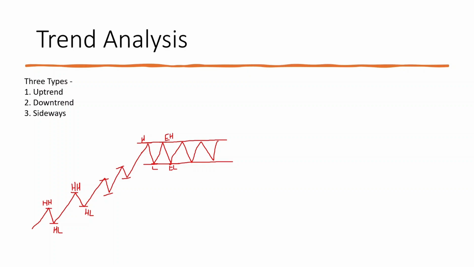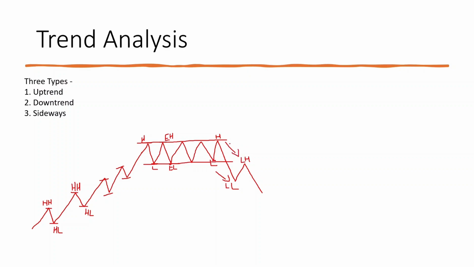Now again, if price breaks down from here, and then it goes up and then it comes down. So here we have a low, here we have a high, here we have a high, and here we have a low. Here the market has formed a lower low, and here the market has formed a lower high.